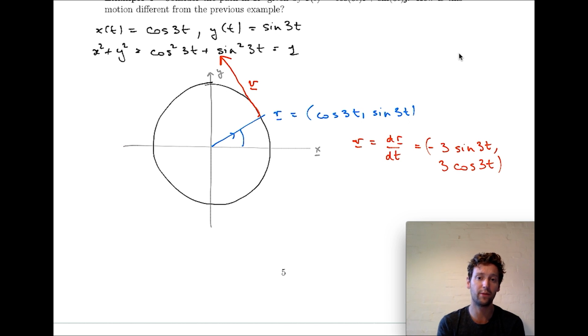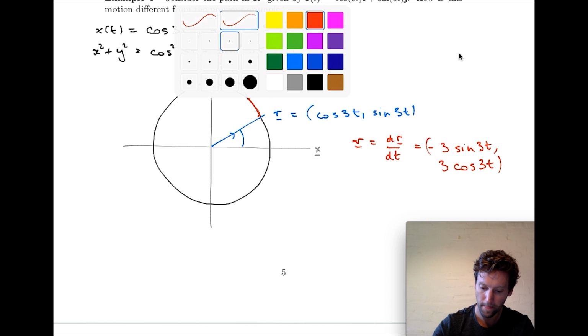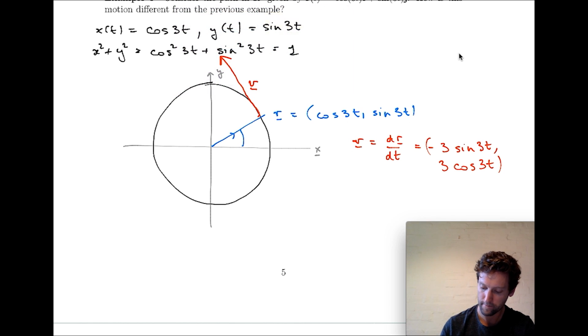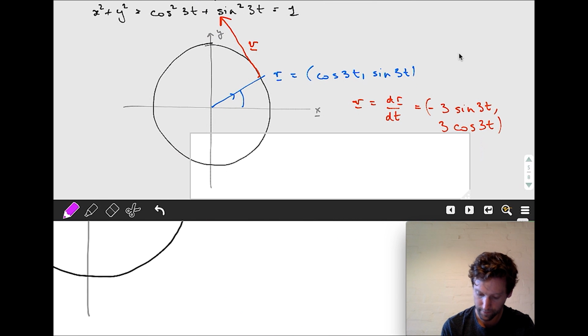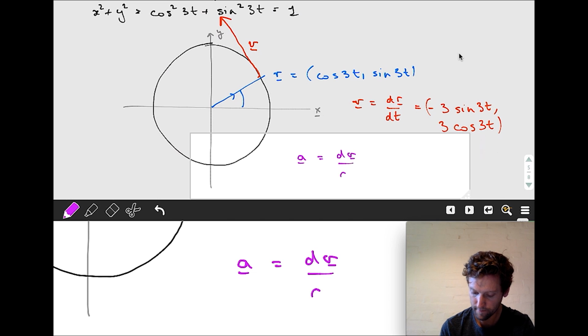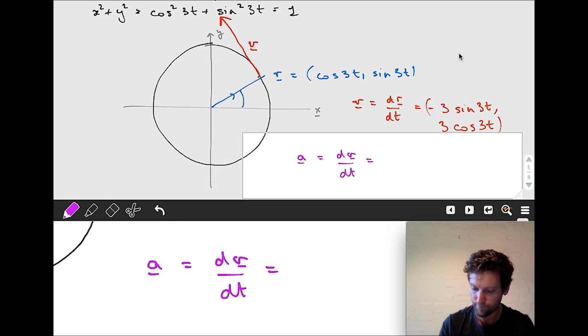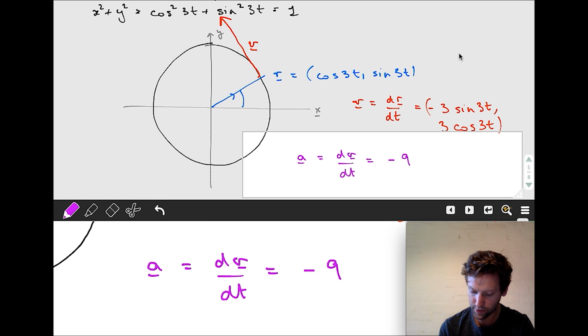I could also calculate what the acceleration is. So the acceleration is the derivative of the velocity. So that's going to be given by minus 9 cosine 3t minus 9 sine 3t.